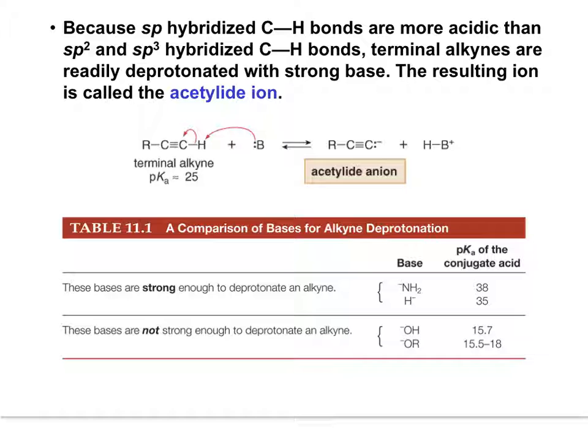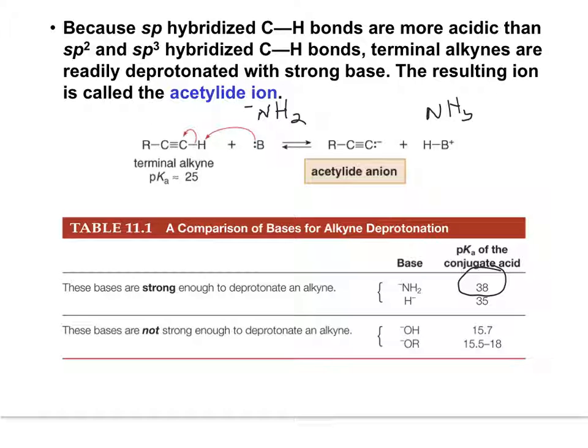In contrast, if you change the base to NaNH2, now the conjugate acid is NH3, and we saw that the conjugate acid had a pKa around 38.